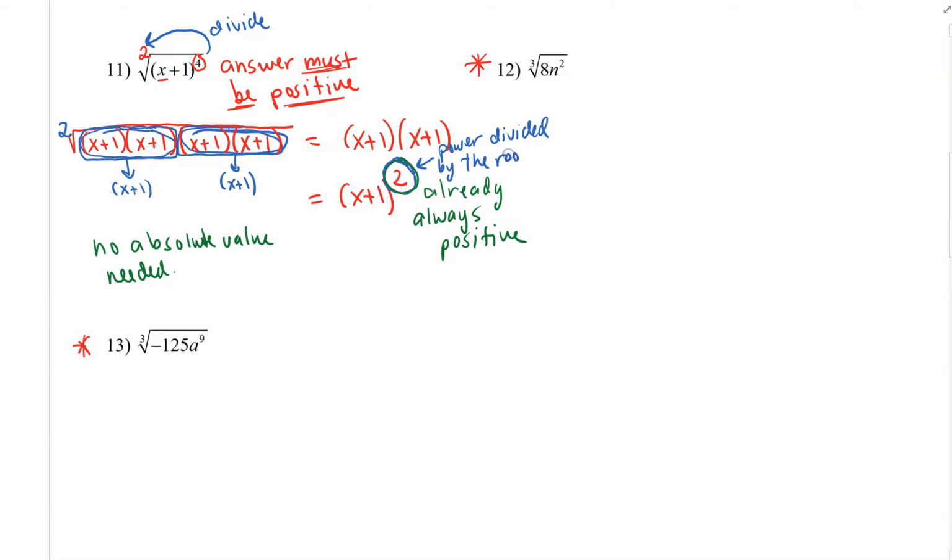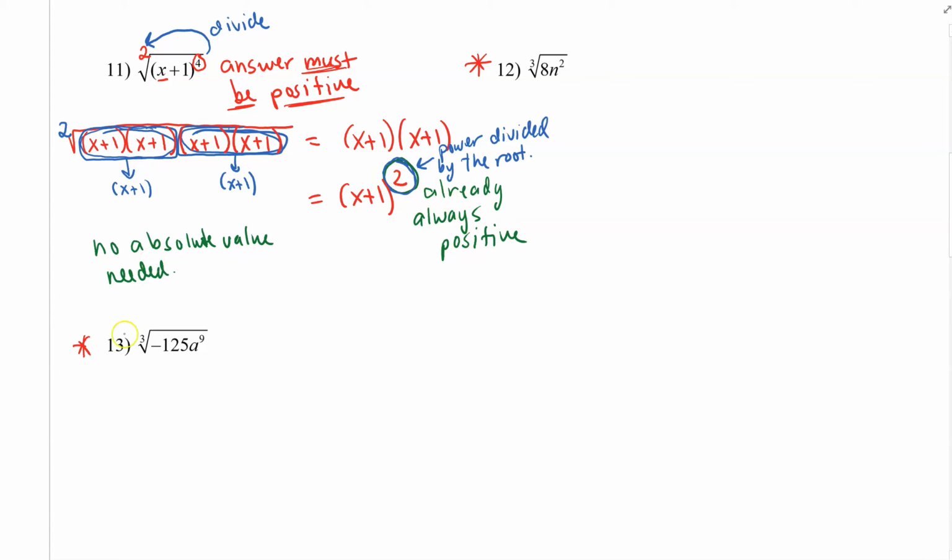So that is something we can use moving forward to help us simplify these radicals. Once we get things written in terms of powers, we can take those powers and divide by the root index to get the result. And since the root here was an even power, that means it's already positive, therefore no absolute value is needed.